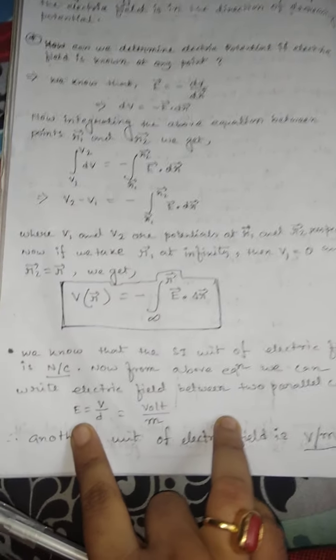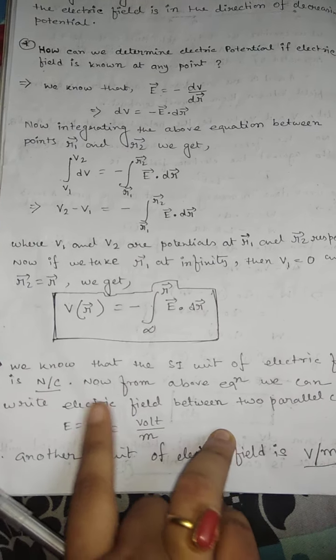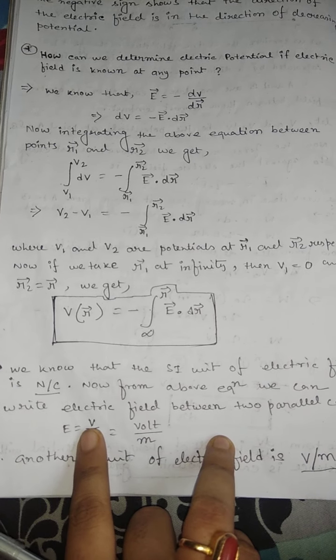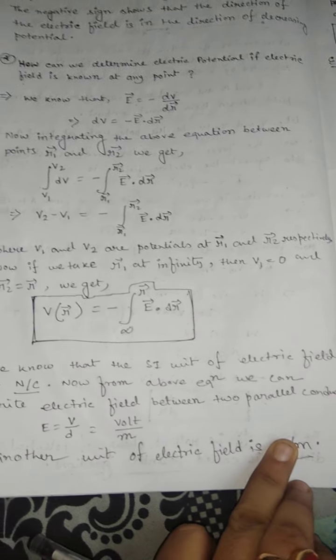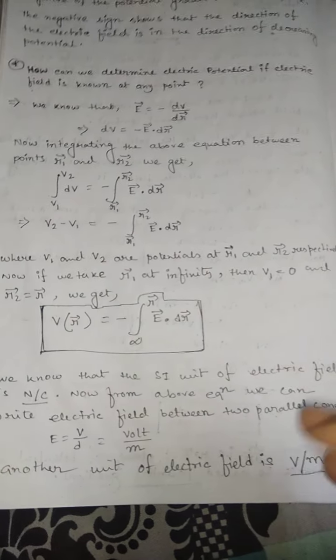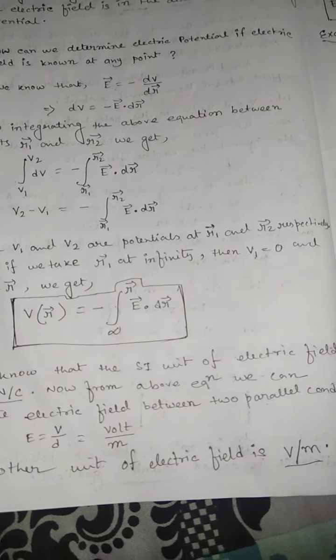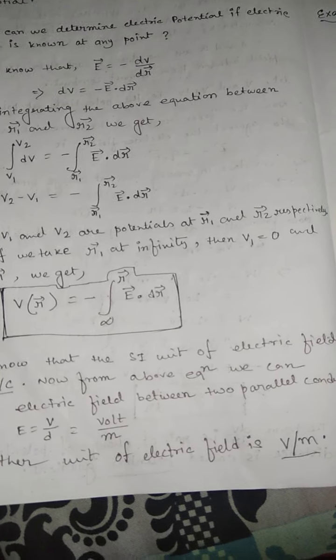Now this is another expression of electric field, so from it we can say that another unit of electric field is volt per meter. So electric field has two units, volt per meter or Newton per Coulomb.